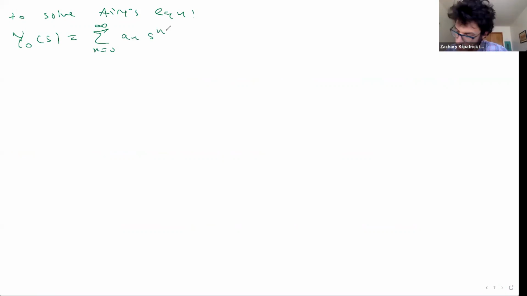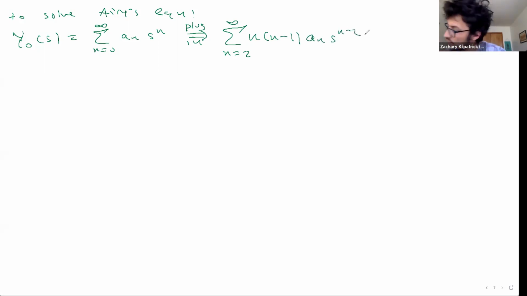So if we plug this in, we end up with the sum from n equals 2 up to infinity n times n minus 1 an s to the n minus 2. That's the second derivative term. And then our 0th derivative term becomes an, and then we have this extra power of s that gets tacked on.